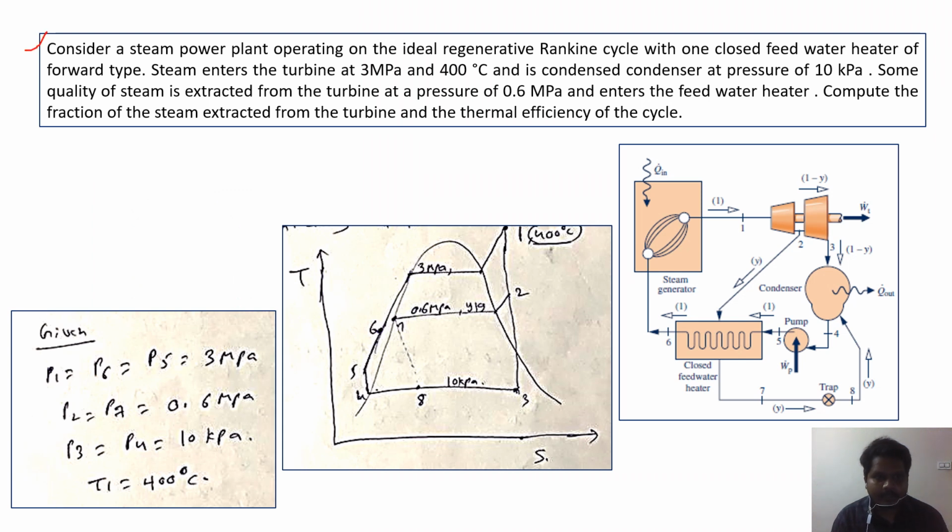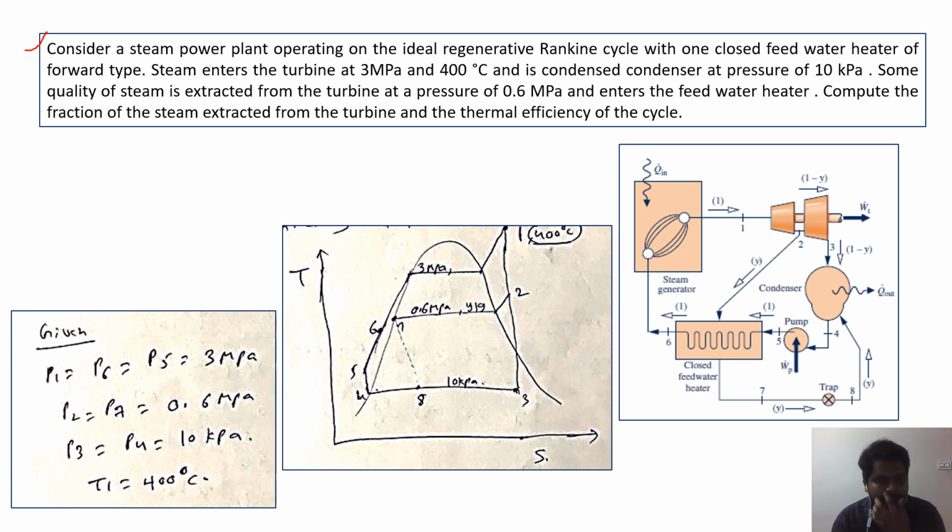The first example is, consider a steam power plant operating on the ideal regenerative Rankine cycle with one closed feed water heater of forward type. Steam enters the turbine at 3 megapascal and 400 degrees centigrade and is condensed in the condenser at a pressure of 10 kilopascal.